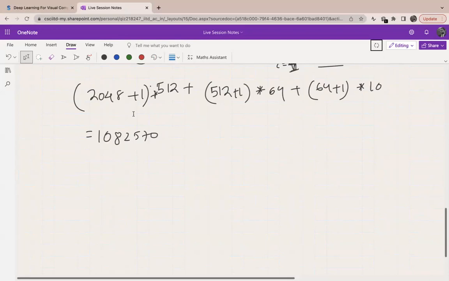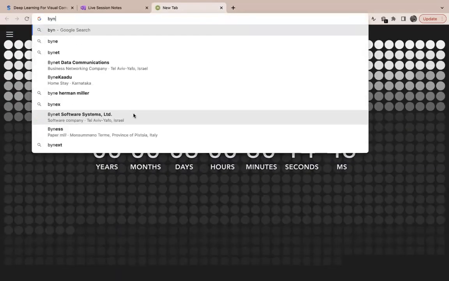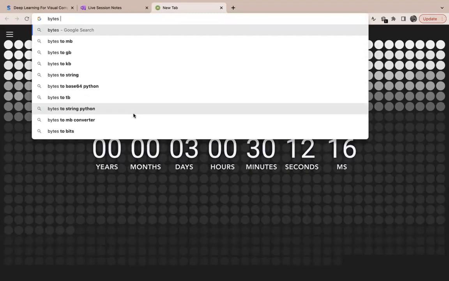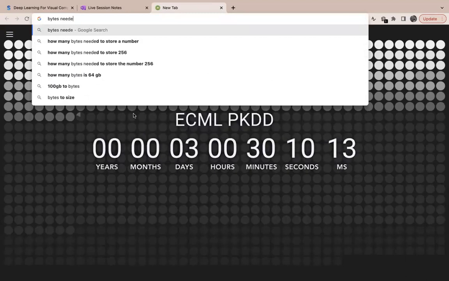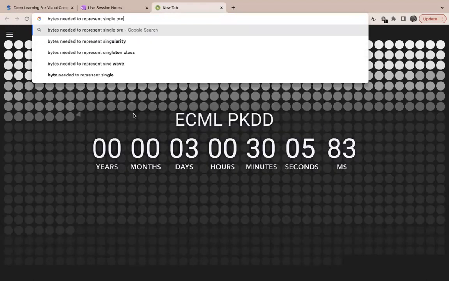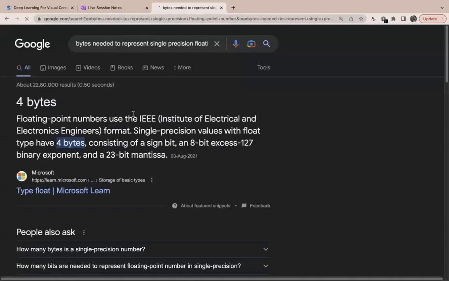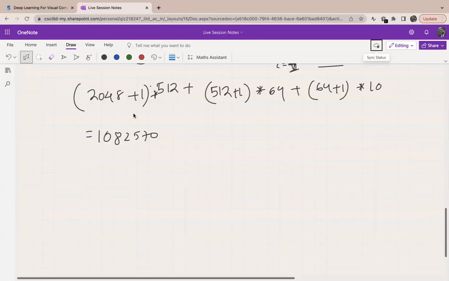Okay, no, we need 4 bytes. For single precision, we need 4 bytes.